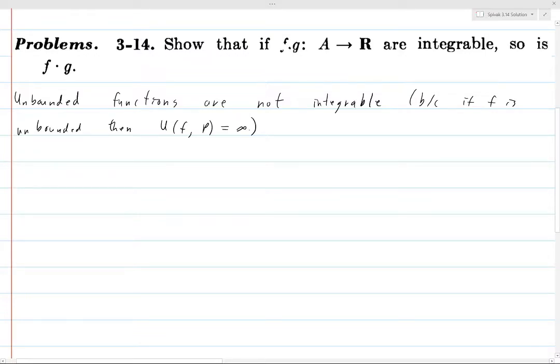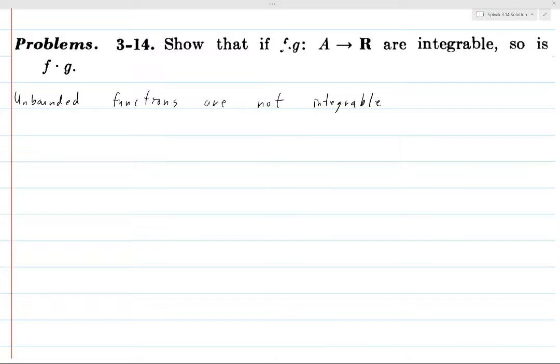If it's unbounded, that means there's a place where it's tending to infinity or possibly minus infinity. Basically you're going to have a region where you go to positive infinity or negative infinity, and you've got some set in your partition which includes those points that are getting closer and closer.